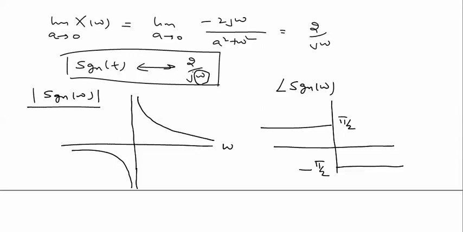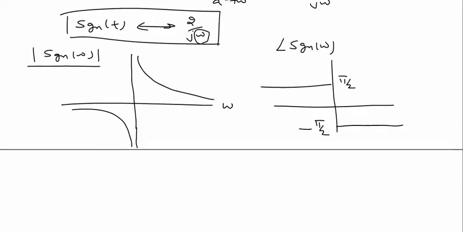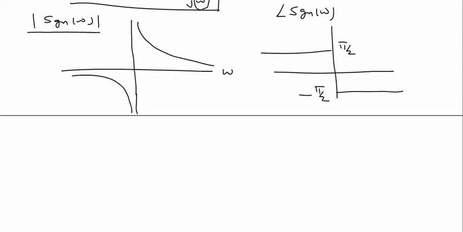Move further with a very important signal, the rectangular pulse, which is very important in communication and signals also. What is a rectangular pulse? I denote x(t) equals A rect(t upon capital T).